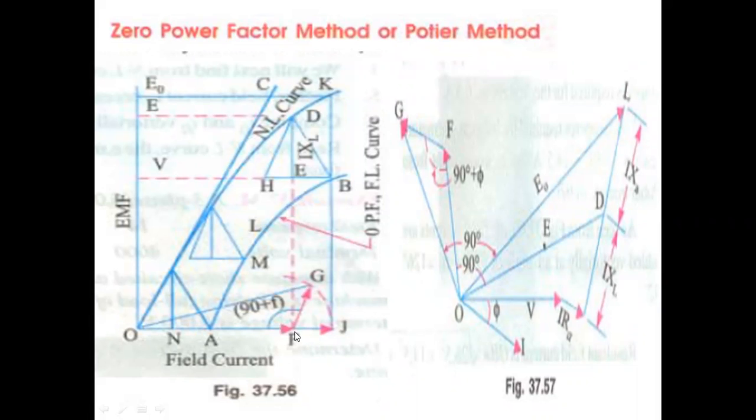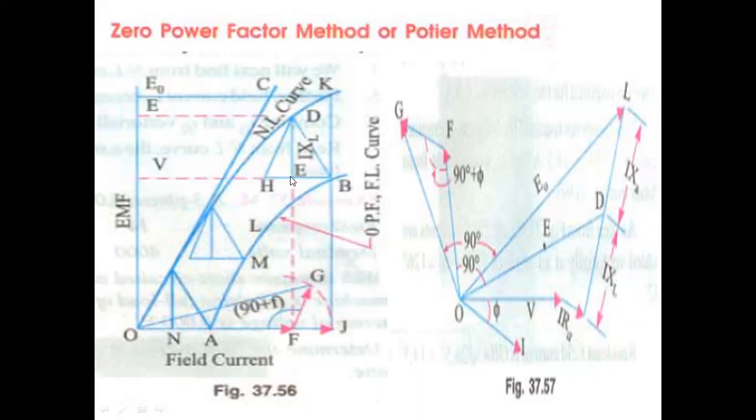So here I can say that the field excitation corresponding to E is given by OF. Corresponding to excitation, how much field current or how many ampere turns we are giving is OF. And Fa, this represents the field current needed to overcome the armature reaction, right?